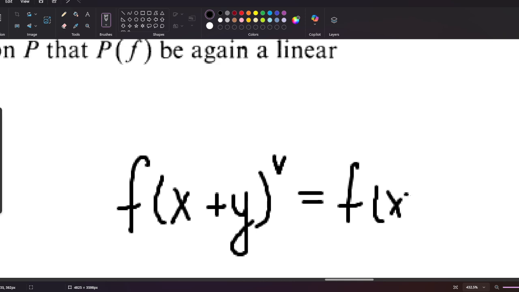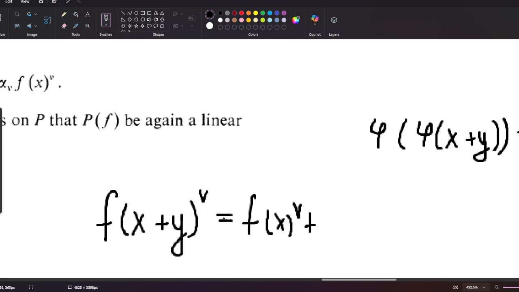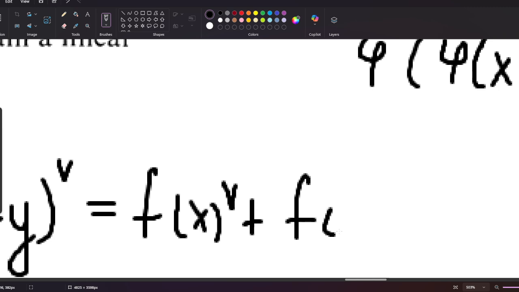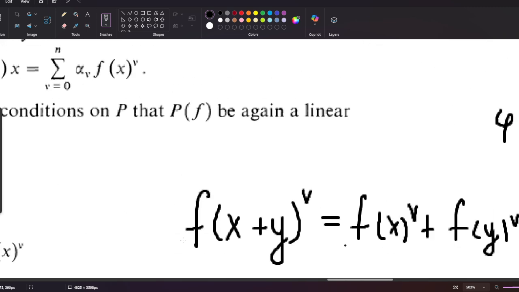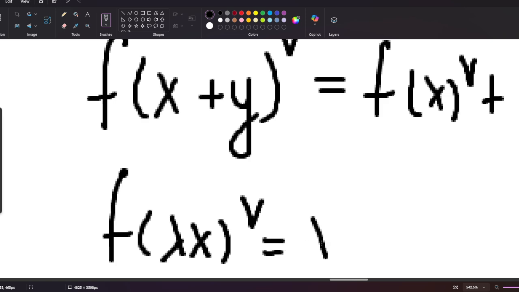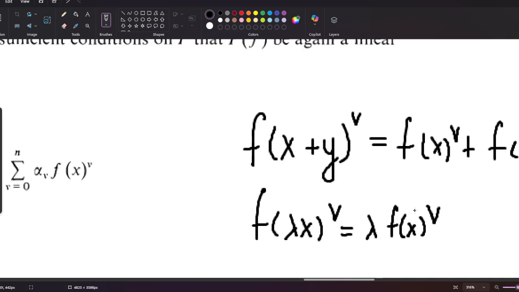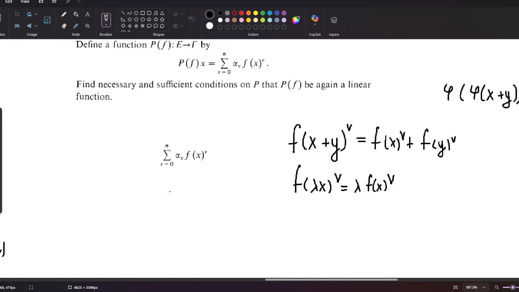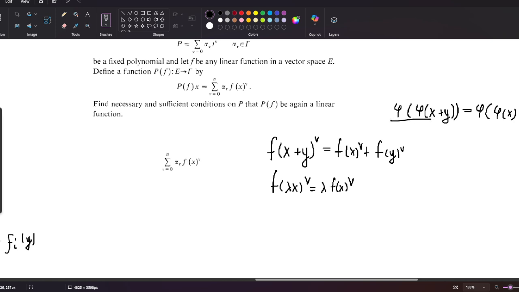This is just the sum of f^v(x) plus f^v(y), and also the scalar property is gonna work in a similar manner. Again, we only need to prove the composition of two functions, because then you could just do it inductively.